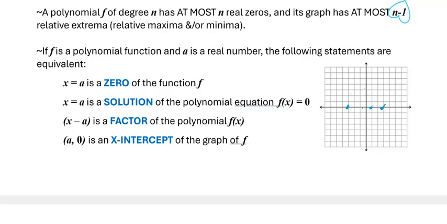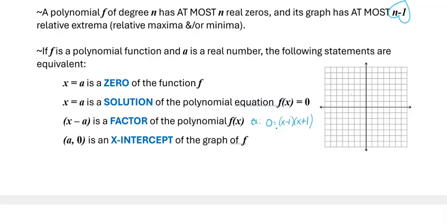And on a graph of that function, it is where that graph crosses the x-axis, because every y value on the x-axis is 0. In addition, x minus a is a factor of the polynomial f of x. What does that mean? Well, I just made up this problem here to show you what that means.